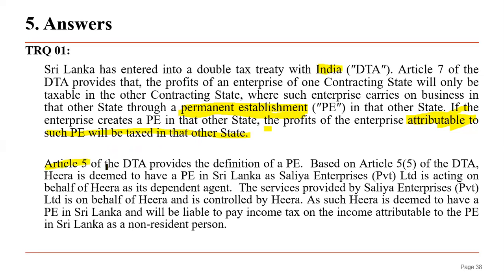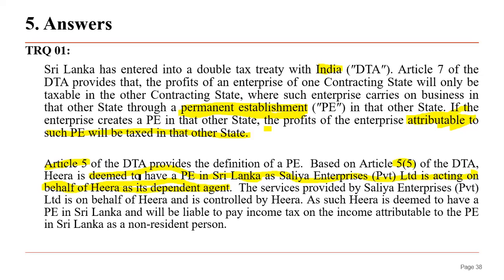Article 5 of the DTA provides the definition of PE. Based on Article 5, subsection 5.5 of the DTA, Hera is deemed to have a PE in Sri Lanka, as Salya Enterprises is acting on behalf of Hera as a dependent agent.